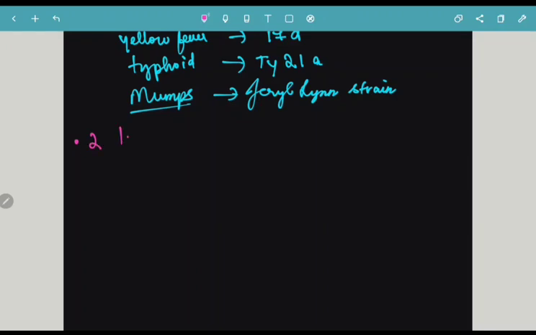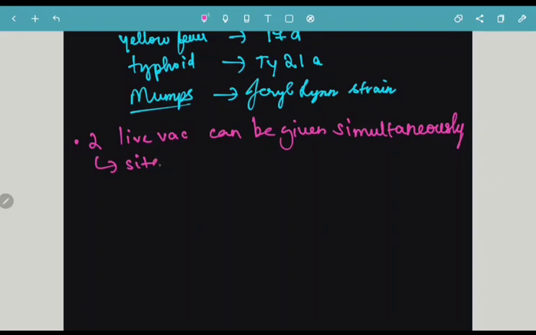That is, two live vaccines can be given simultaneously, but there is one rule, that is the site of administration should be different.